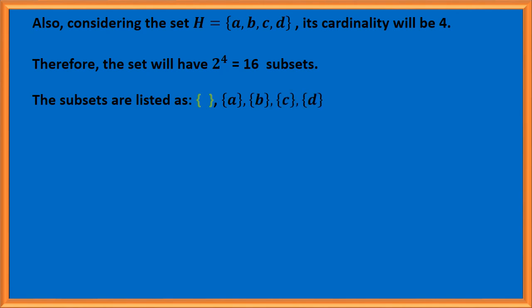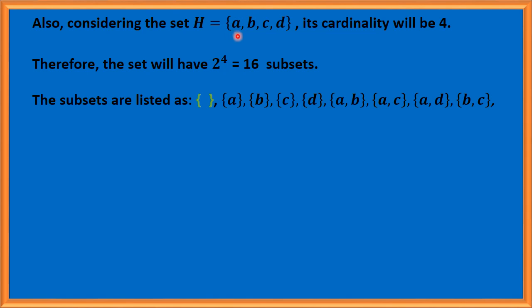We have the null set, {A}, {B}, {C}, a set containing D, then {A, B}, {A, C}, {A, D}, {B, C}. Since we have 4 elements, each element is a subset of the set.